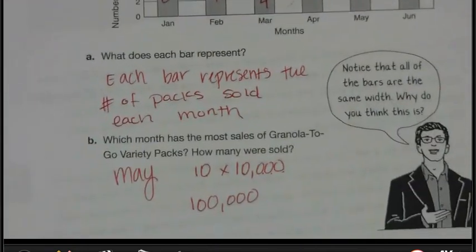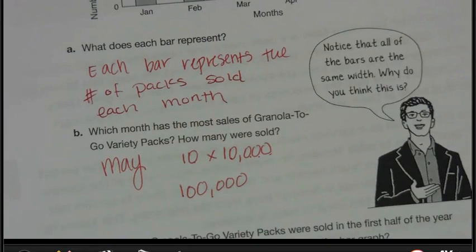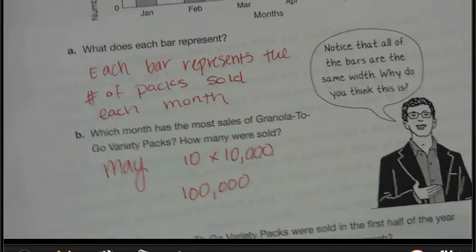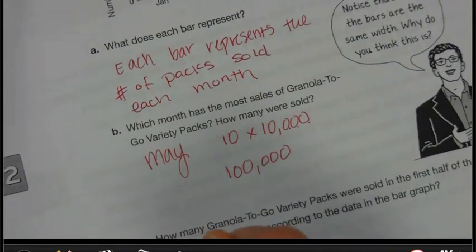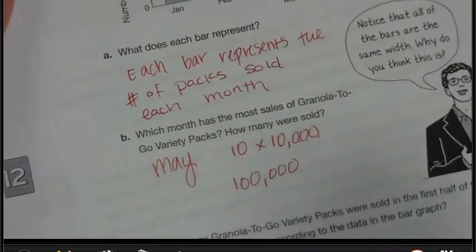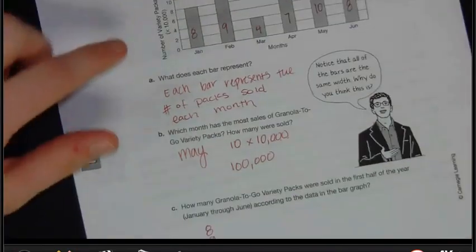Let's see here. I think there's an easier way to do this. So 8 plus 9 plus 4 plus 7 plus 10 plus 8. Let me make it easier for you guys to see.